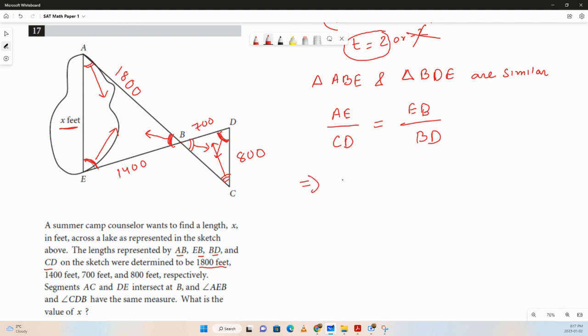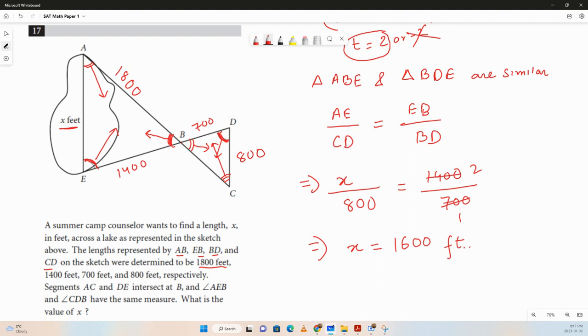So here AE is basically x, CD is 800, equals EB, which is 1400, over BD, which is 700. So 700 times 2 is 1400, so 800 times 2 is 1600. So x equals 1600 feet.